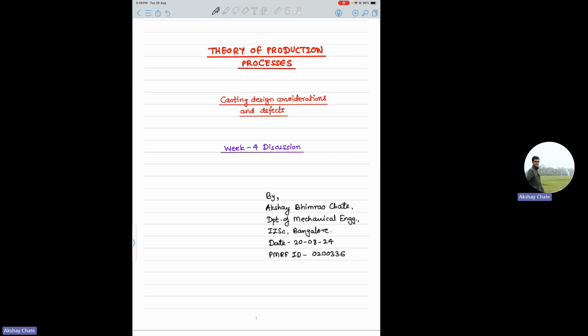Our objective is always to minimize the defects and to increase the productivity or casting yield of the process. There are certain defects which are well studied and well known, and how to tackle them, what should be done, was also discussed in the last class of this fourth week.